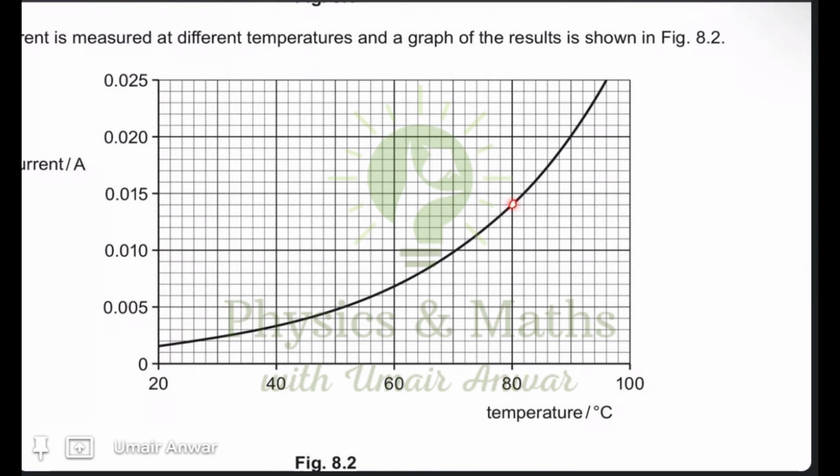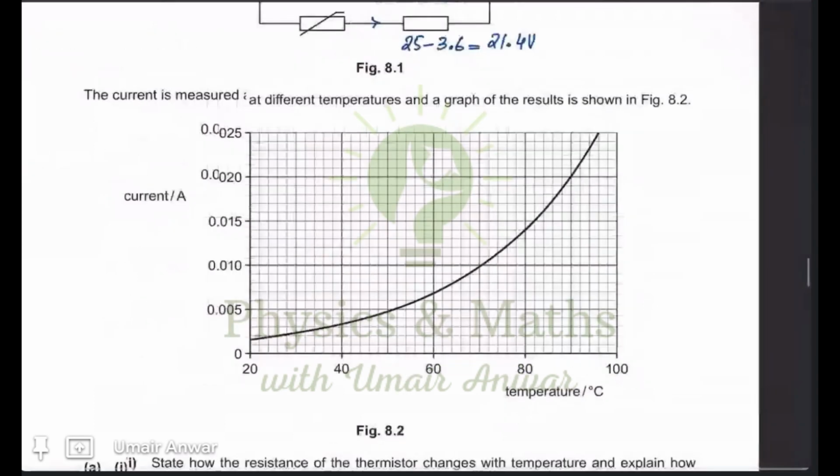When the temperature is going beyond 80, then the smaller change in temperature is creating a larger change in the current. Similarly, when it was at 40 and the temperature was changing from 40 towards 60, the current was not increasing that much.